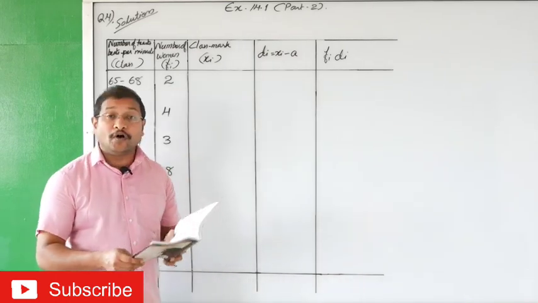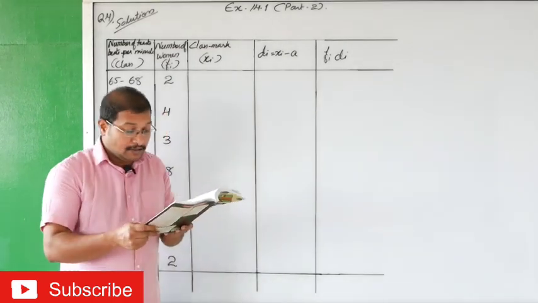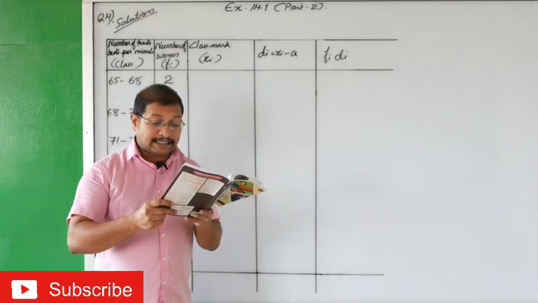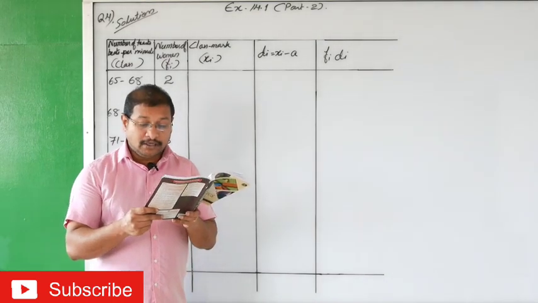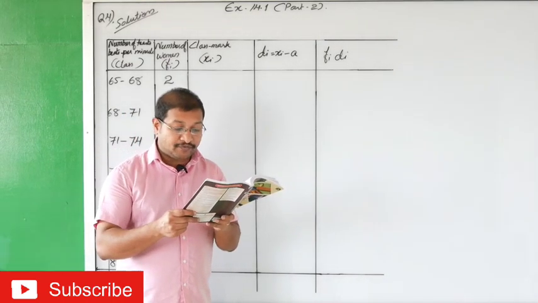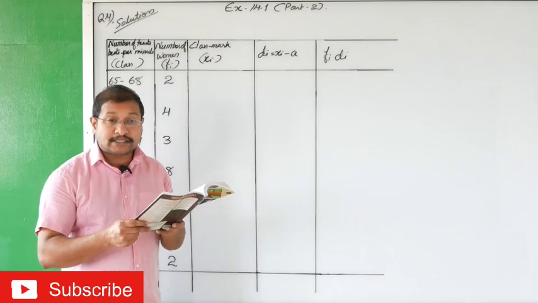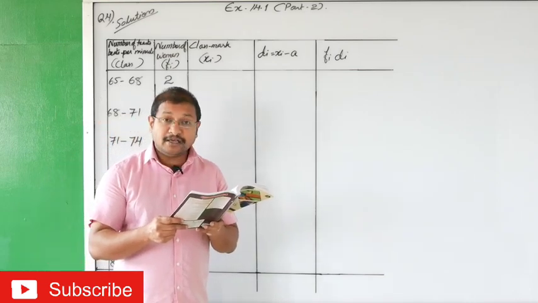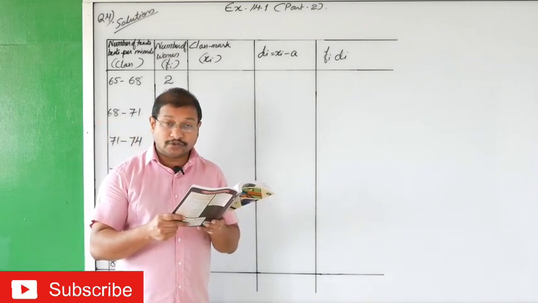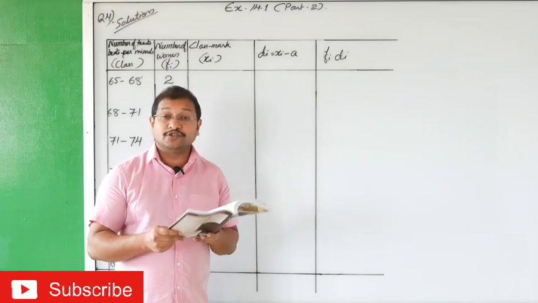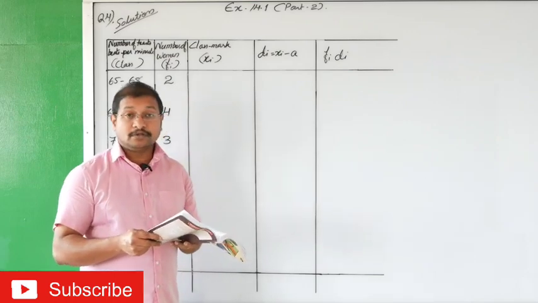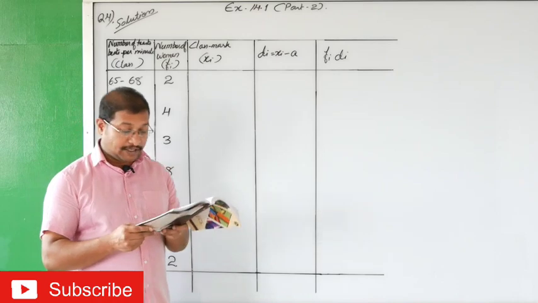Question number 4. I'll read the question once. 30 women were examined in a hospital by a doctor and the number of heartbeats per minute were recorded and summarized as follows. Find the mean heartbeat per minute for these women, choosing a suitable method. The table is given here.